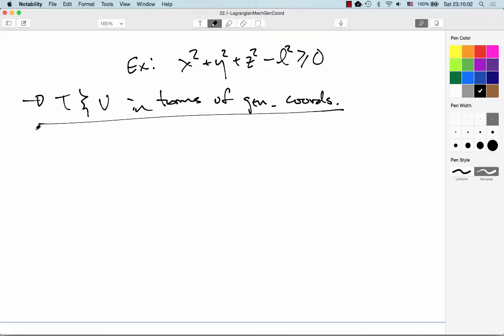Generally speaking, you've got two strategies. One is to write everything down in Cartesian, and then use transformations to take it into your generalized coordinates.